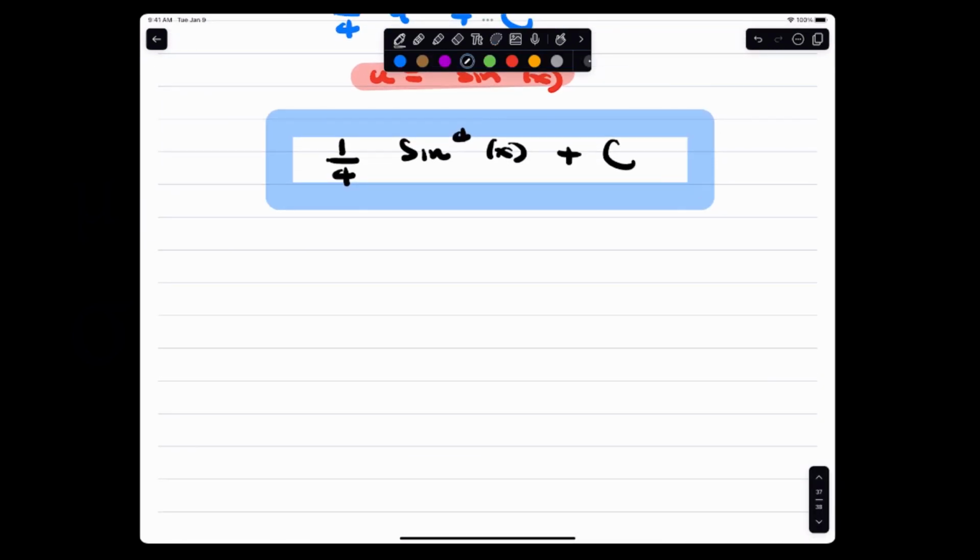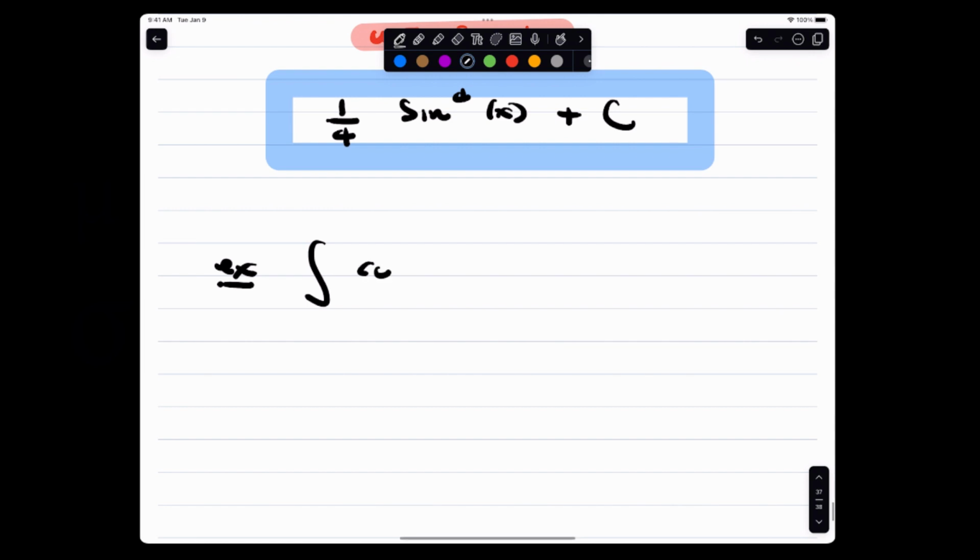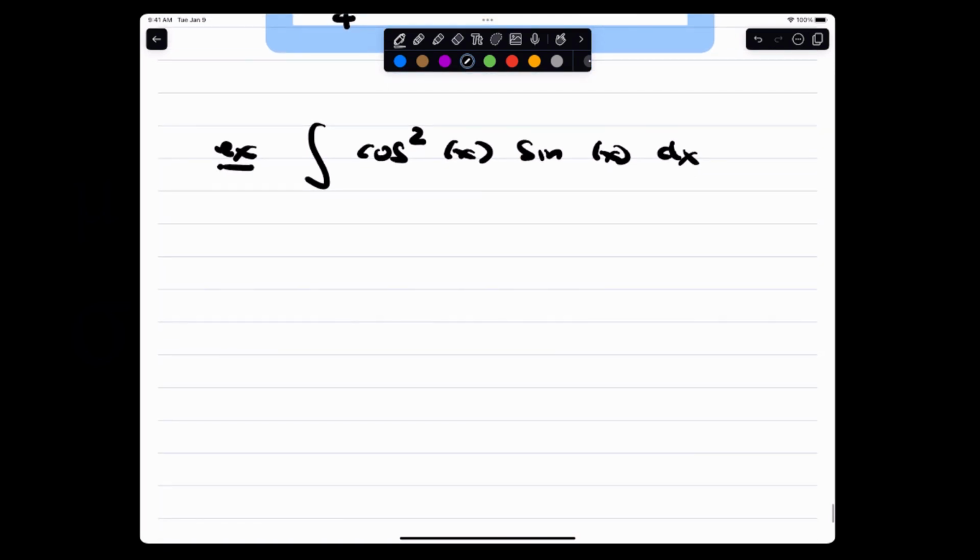Okay, and then similarly, they can give you a very similar question, and they can change that. They can say, what if they give you cosine to the 5th power? Or just cosine 4th, I guess, or maybe something even easier. Cosine squared x sine dx. This is just like the last situation, but this time, what do you want u to be? Let u be cosine. And then du dx, what does du dx become?